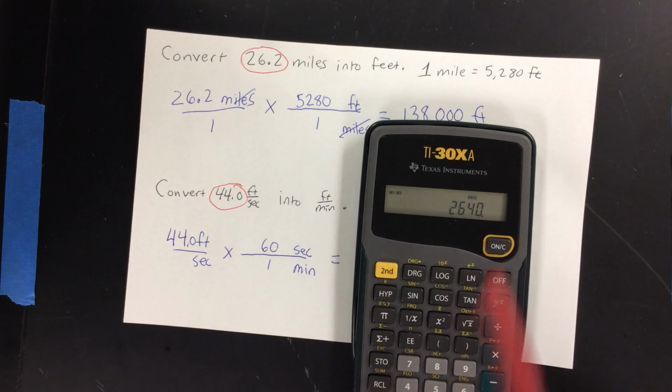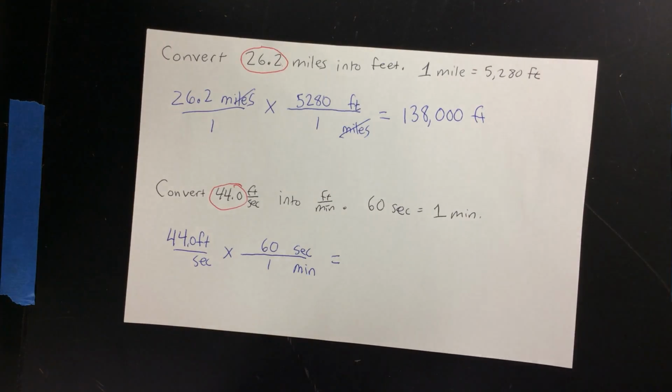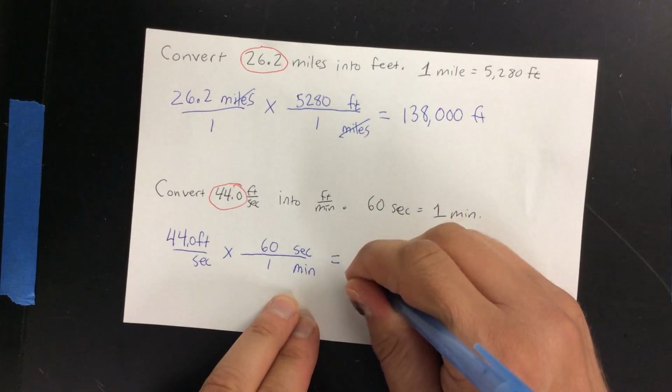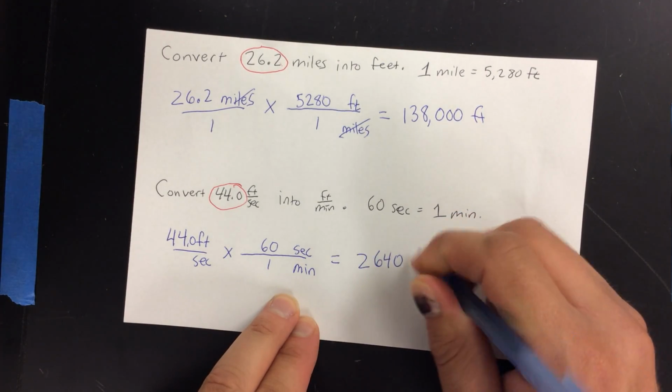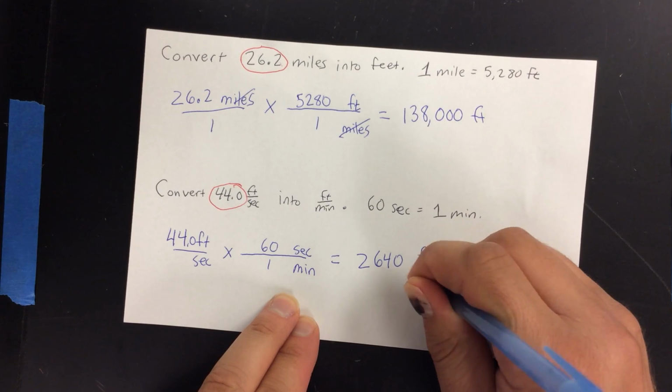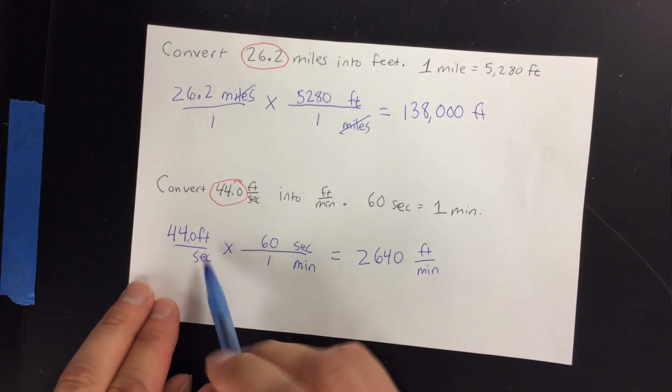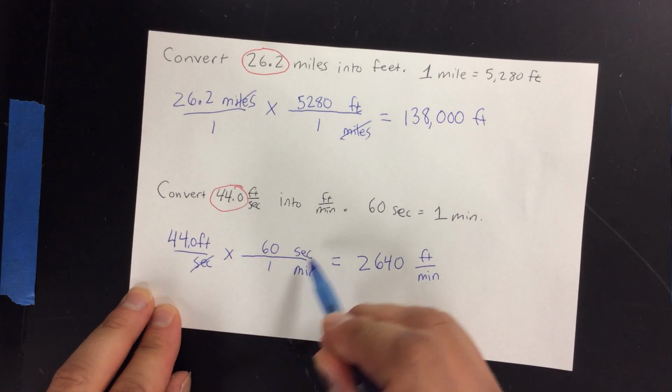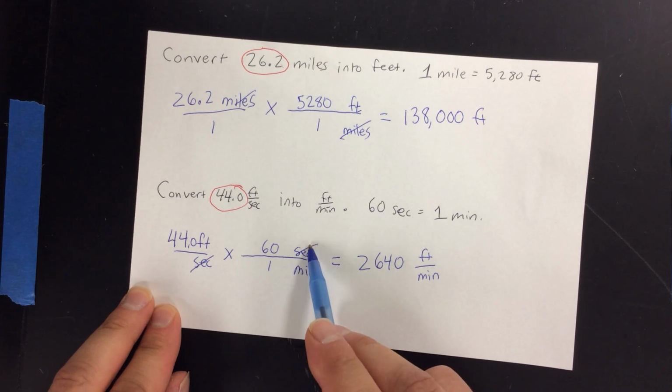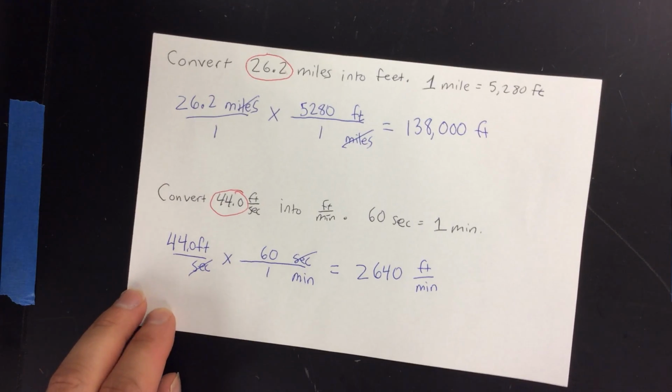So that means we need to round our answer to 3 significant figures, which turns out is pretty straightforward, just 2,640. All right, you'll notice that we got seconds on the bottom here and on top there. So the seconds cancel out, leaving minutes on the bottom.